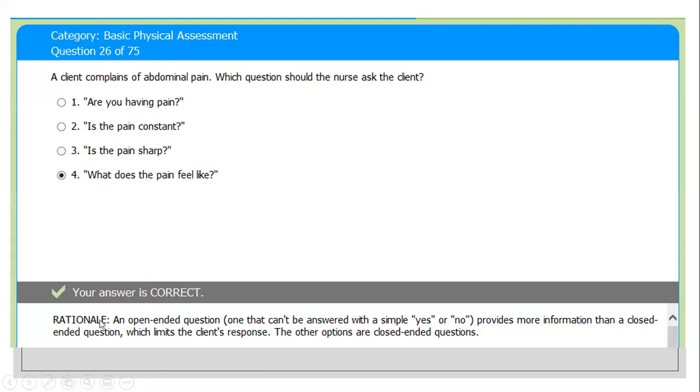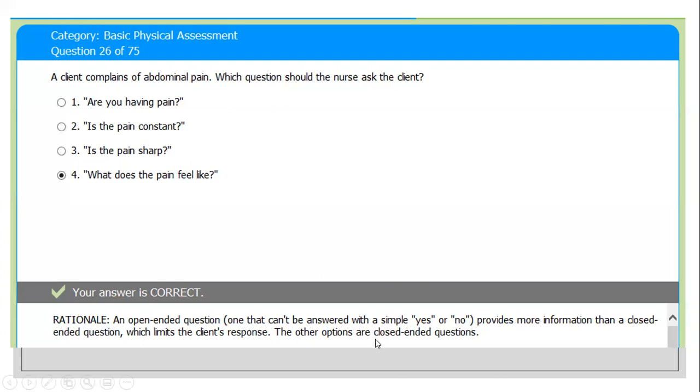The rationale: an open-ended question is one that cannot be answered with a simple yes or no. It also provides more information than a closed-ended question like, is the pain consistent? Is the pain sharp? These are closed-ended questions, which limit the client's response, and we should always encourage them to verbalize their complaint. It is a therapeutic way of communication.